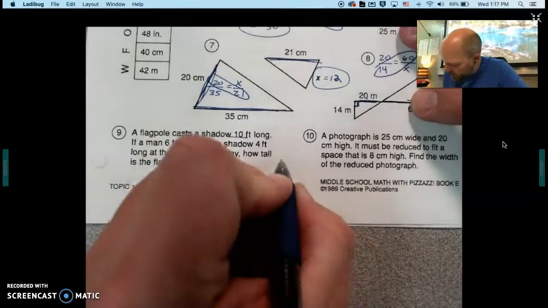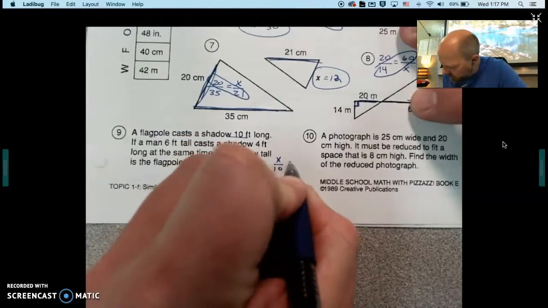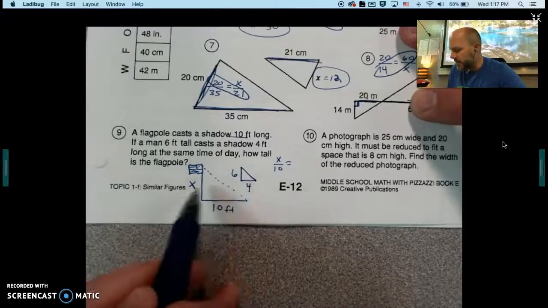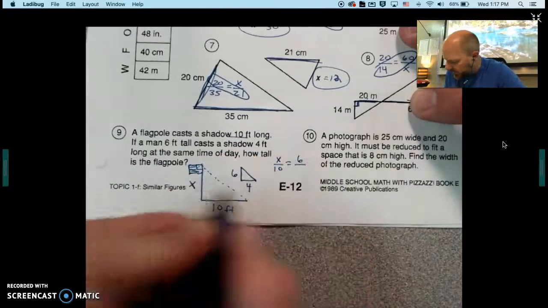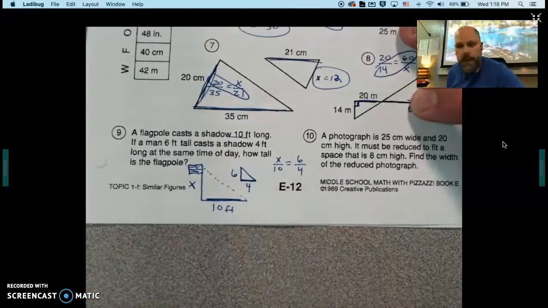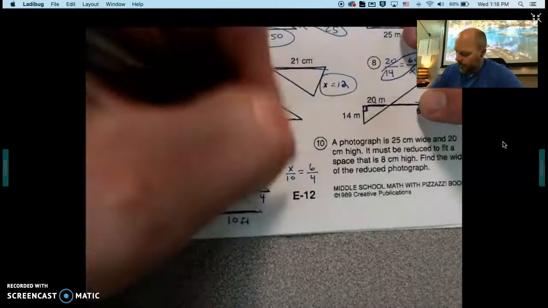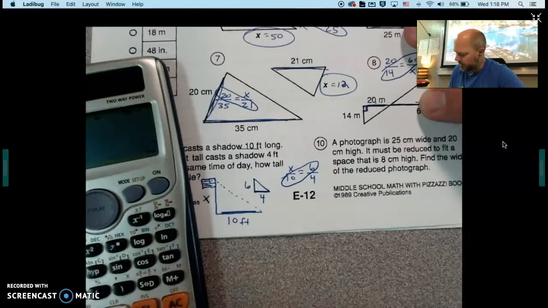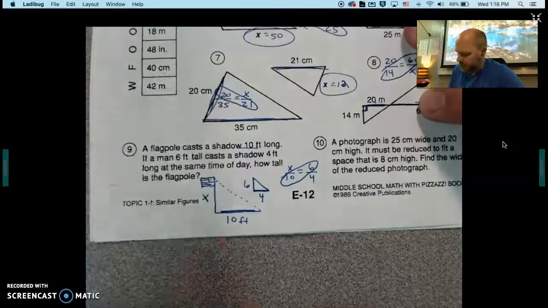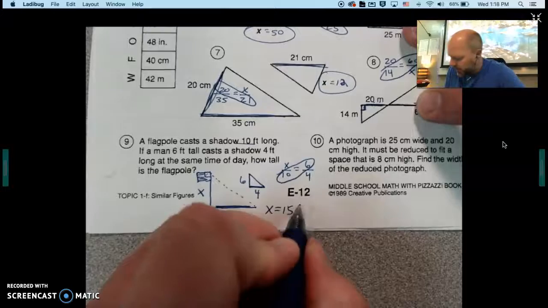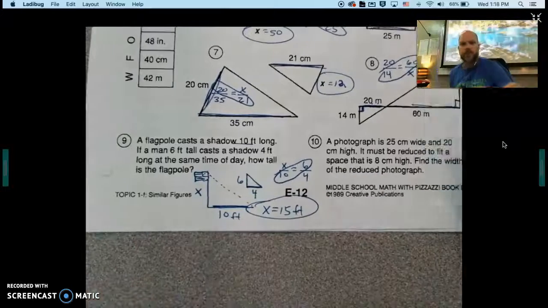I'm going to use x over 10 because these are from the same shape. The 6 goes with the x, and the 4 goes with the 10 because that's how long the shadow was, at the bottom length. All right, 10 times 6 is 60, and 60 divided by 4 is 15. So x equals 15, and that is how tall the flagpole is, 15 feet.